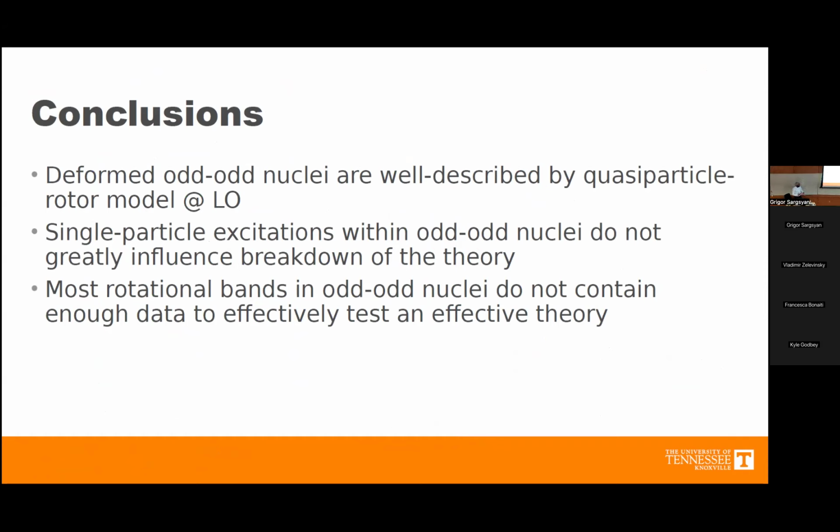I suppose the biggest takeaway, that maybe was less evident within the slides, is that when it comes to fitting an effective theory to data like this for odd nuclei, we really just don't have a lot of data.